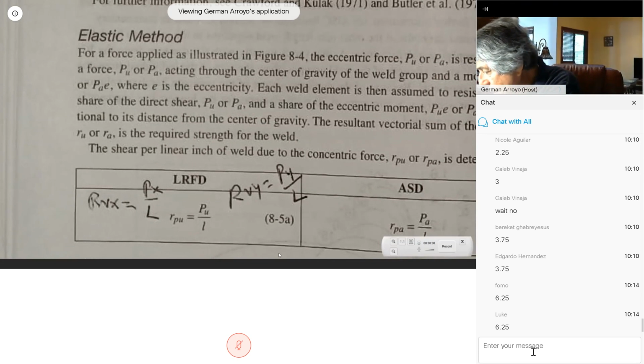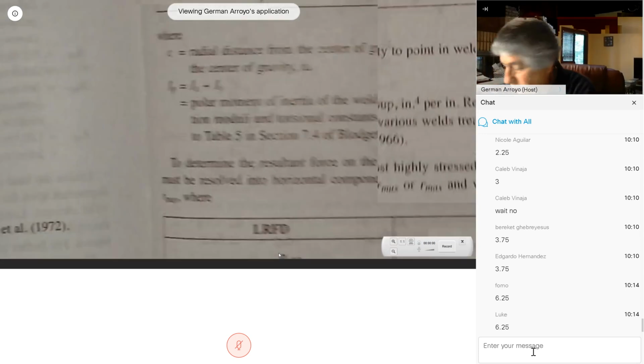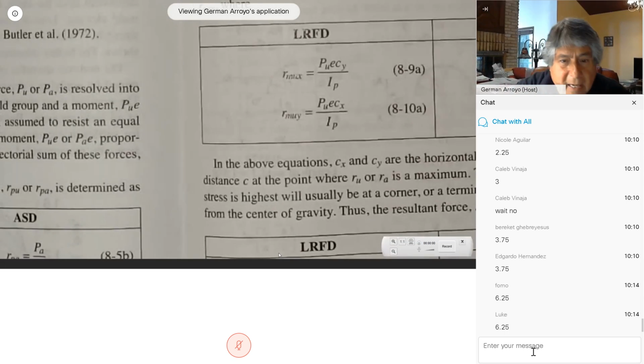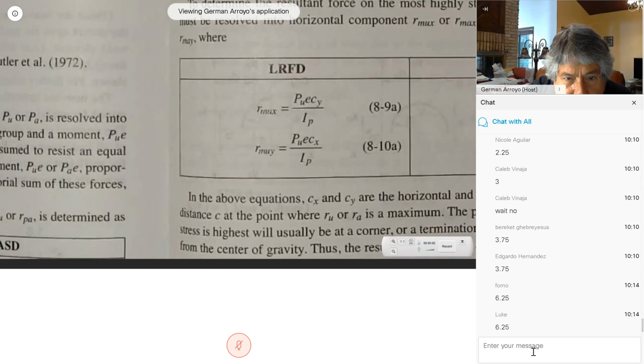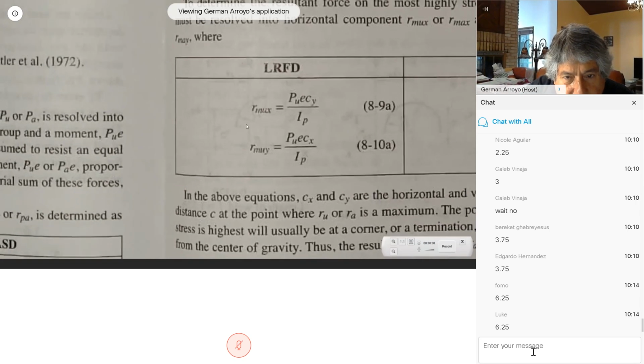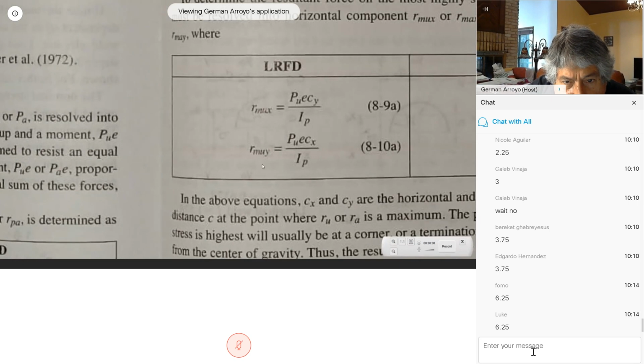And on the next page, here, they give you the x and the y. This in here is Mu. And this is the y distance. This is Ip, Ix plus Iy.